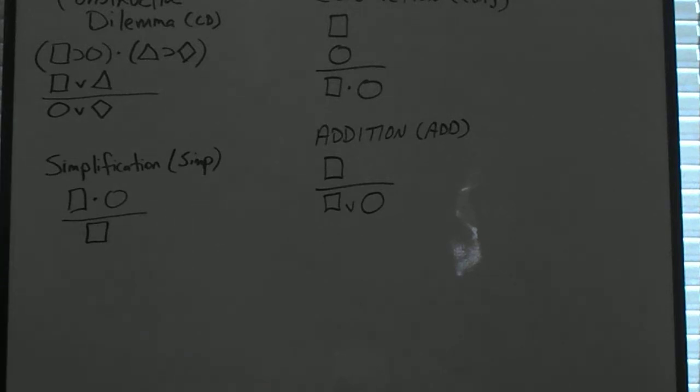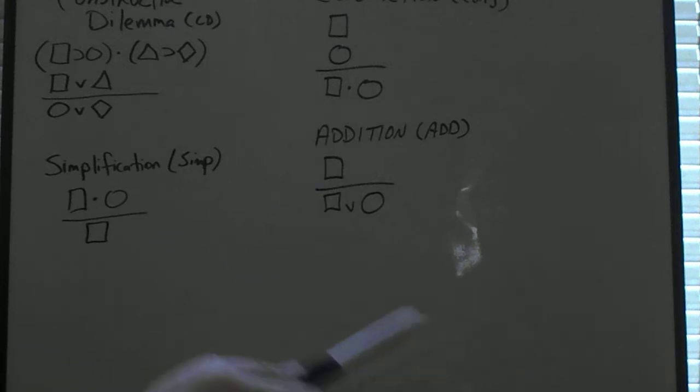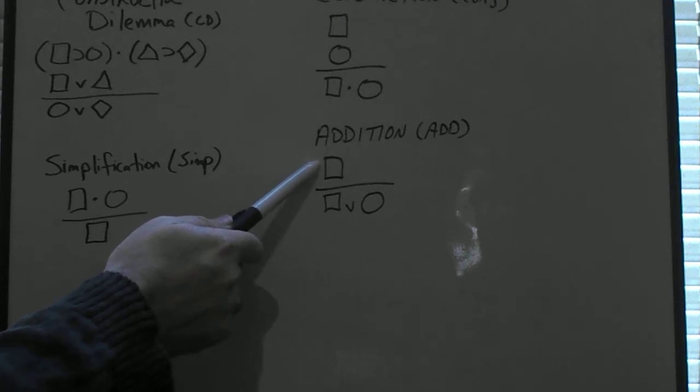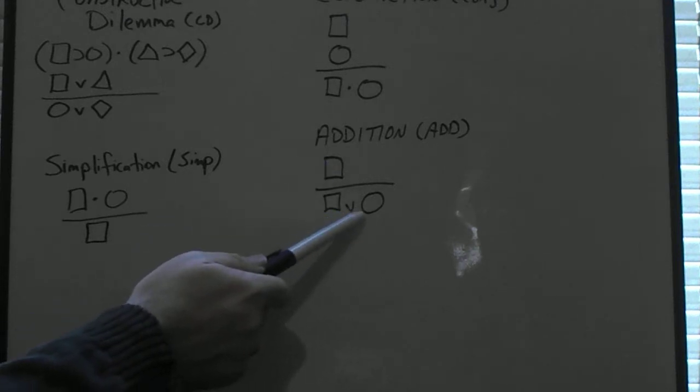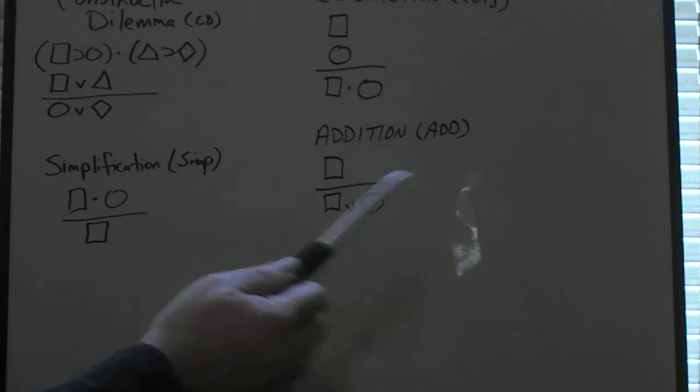The most useful of all probably is addition, which basically says that using the wedge, you can add anything you want into your equation. Okay? So if I need A or B, but all I have is A, then I can use addition to add that B into it. Again, it's only going to work with the wedge. Why?